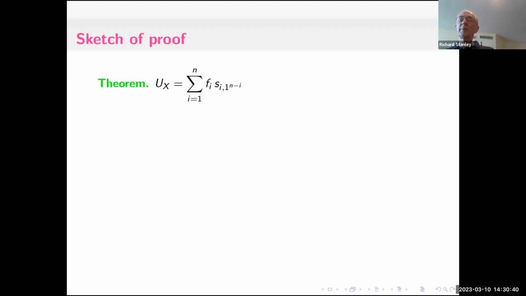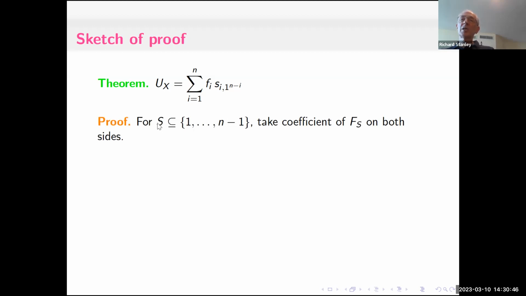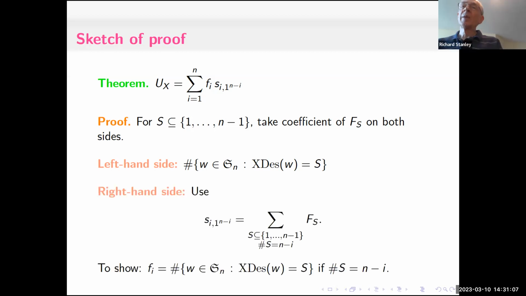Well, let me sketch the proof. What I'm going to do, I'll pick my subset S of 1 up to n minus 1, and I want to expand both sides in terms of fundamental quasi-symmetric functions and take the coefficient of Fs on both sides. Now, by definition, on the left-hand side, we're going to get the number of permutations with X descent set, that is, succession set equal to S. Now, what makes everything work out so nicely here is that the hook Schur functions have a very simple expansion in terms of fundamental quasi-symmetric functions.